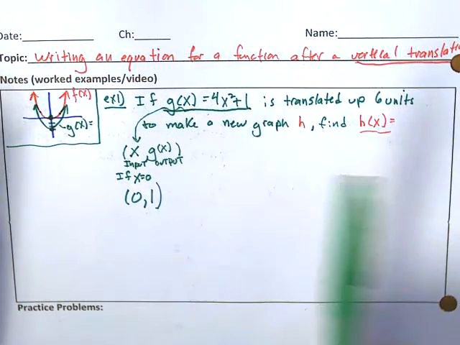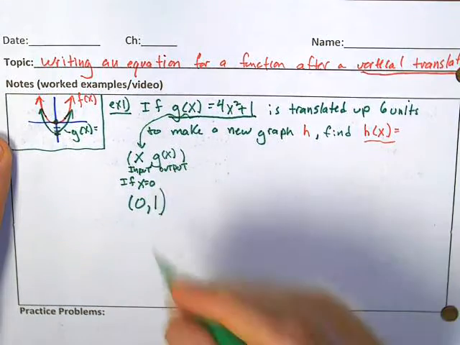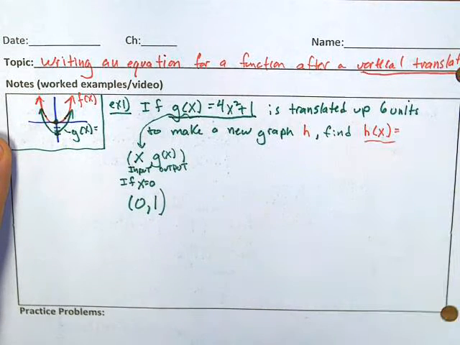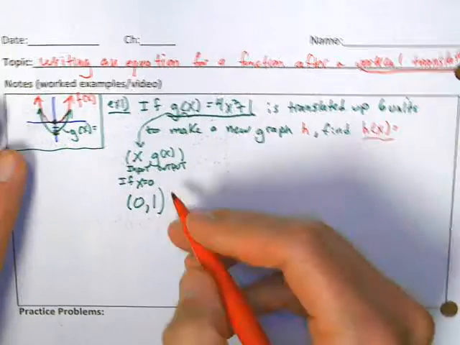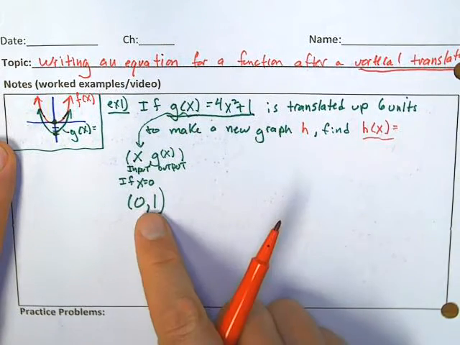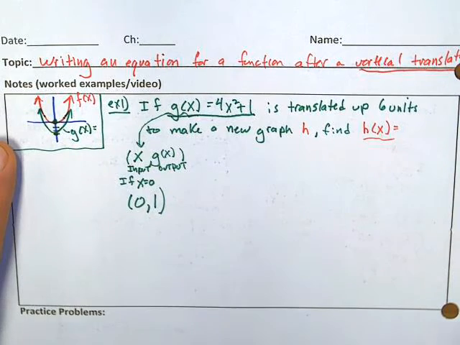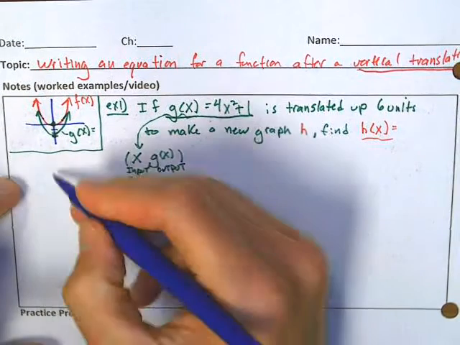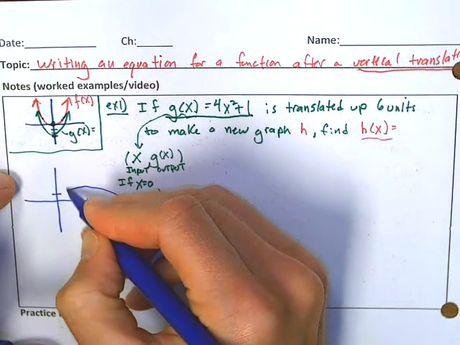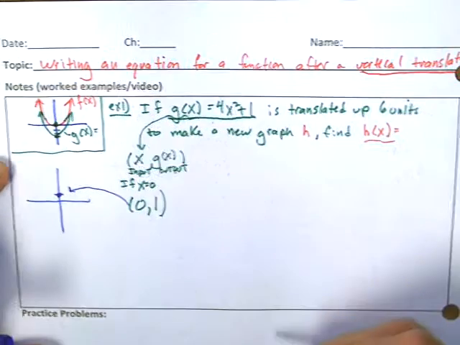So we have all these coordinates that are of this form, x comma g of x, for this green guy. I want to find a new function where basically I want to move it up 6 units. Well, if I want to move this coordinate up 6 units, think about that for just a second. 0, 1, that point, if I just focus on that one point, is right here. That's 0, comma 1.